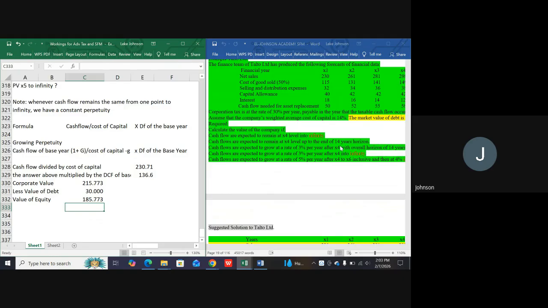You can mute your mic, so that there won't be noise in the background. So now what we're going to do is this. Here, we already know our cash flows from year 1 to year 4. Then we now want to know our cash flows from year 5 to year 14.